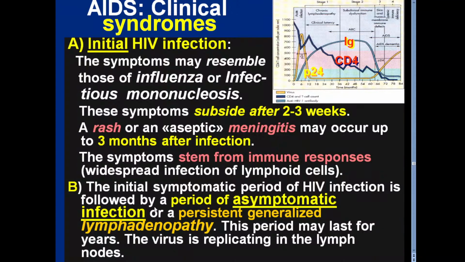What clinical symptoms are observed during AIDS? Initial HIV infection has symptoms like flu or influenza or infectious mononucleosis. It means maybe fever, sometimes rashes, aseptic meningitis, and it subsides after 2-3 weeks. The symptoms stem from immune responses and widespread infection of lymphoid cells.